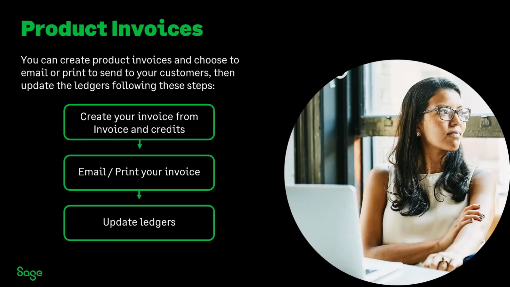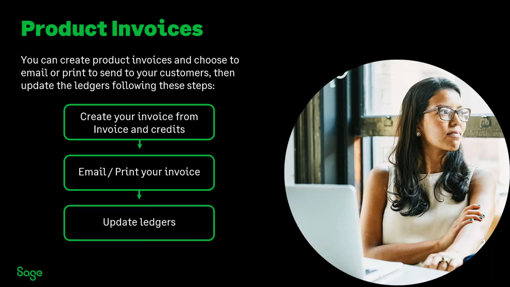If you sell products, you can raise a product invoice, print it and send it out to your customers, or email it. There are 3 key steps to this process. The first step is entering your invoice for a product within the invoices and credits module. Once that's entered, you can print or email it and send it out to your customer.